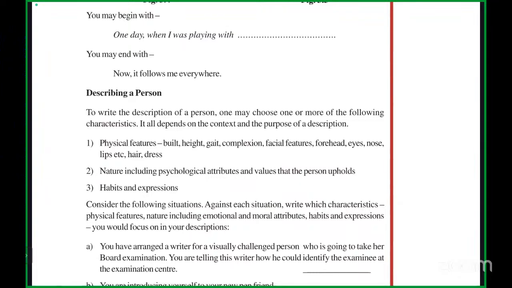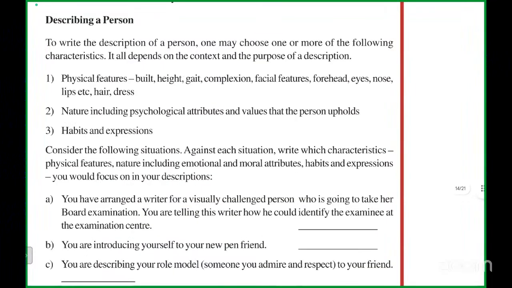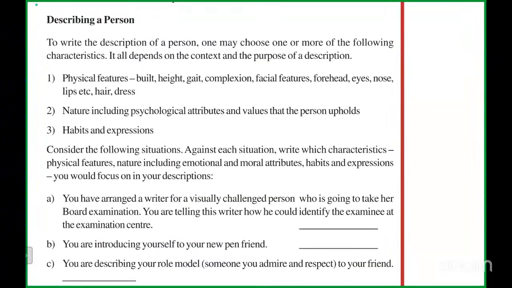Okay, so the next exercise is about describing a person. When we are writing a description of a person, we have to describe them by telling about their characteristics.